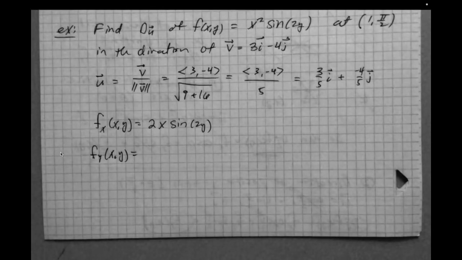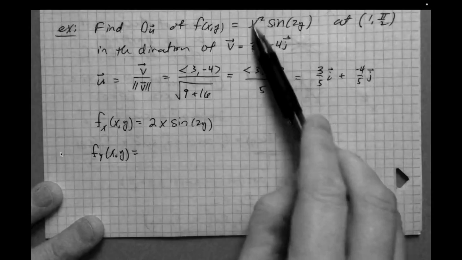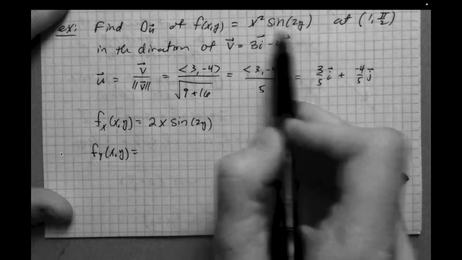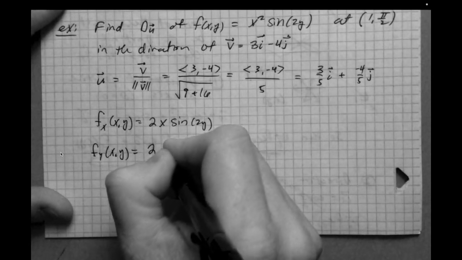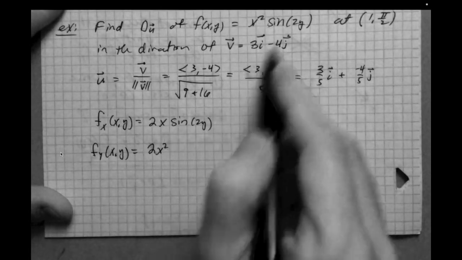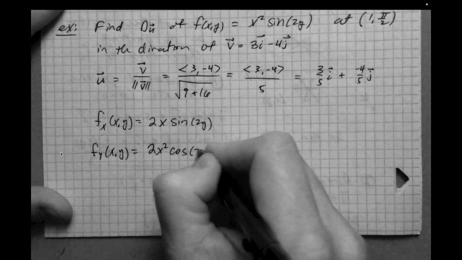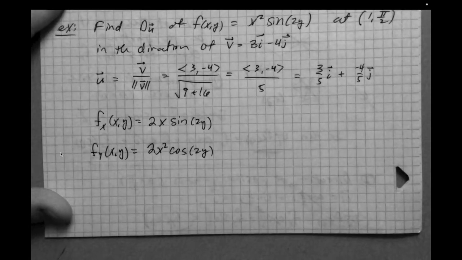Again, there we'll think of x squared as a constant out front, and we'll differentiate the sine just like we normally would. You would get 2 times x squared, and then instead of sine, it's going to be cosine, because we're differentiating with respect to y, so cosine of 2y. The 2 out front is the chain rule.